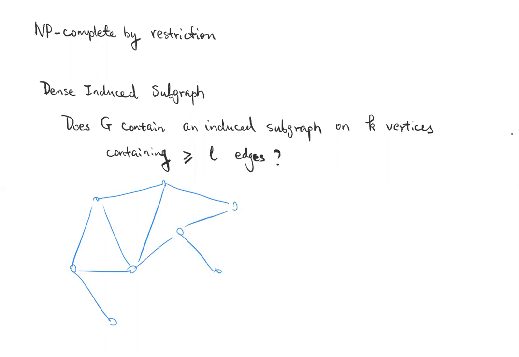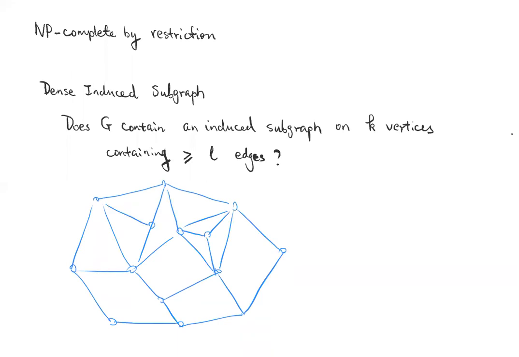So that's the input graph G. Suppose in this graph, I want to find the induced graph on four vertices. What we want is for this graph to contain as many edges as possible, to be as dense as possible. Okay, so that's the problem.